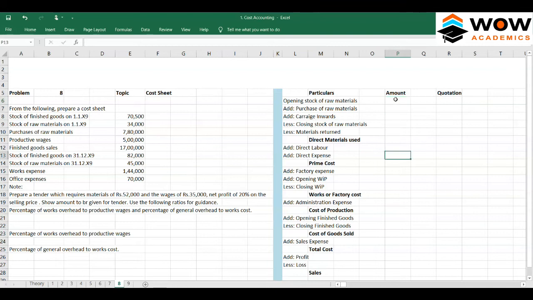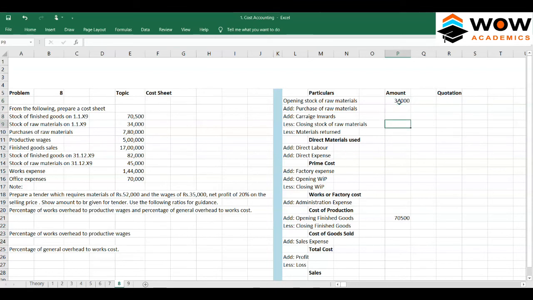So value of closing stock is 70,500, and so that's going to be opening stock. I think that's not closing stock, opening stock, and opening stock of raw material is 34,000.